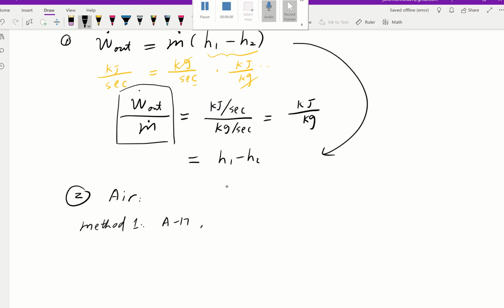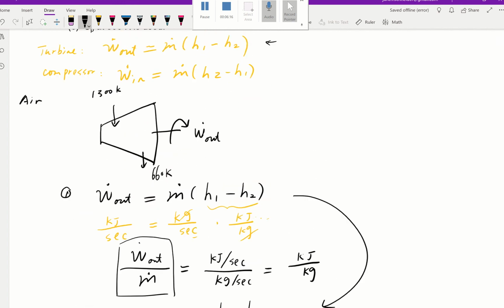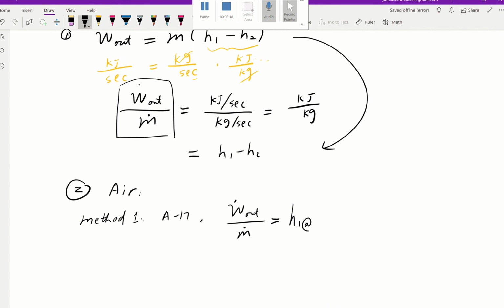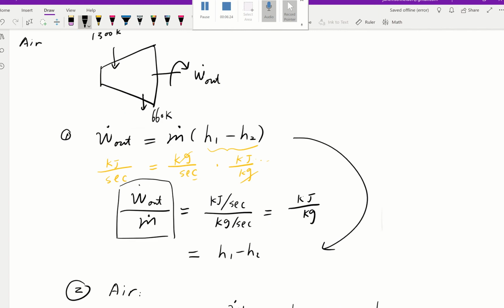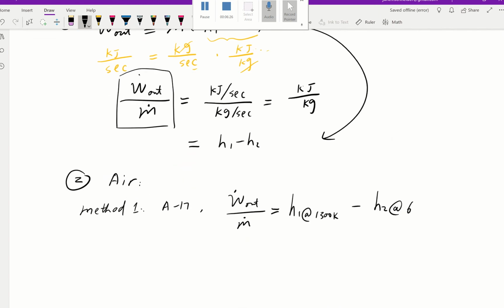So with table A17, we're going to find work out per mass flow rate. That's our H1 minus H2. So what's our H1 at 1300 K minus H2 at our 660 K?